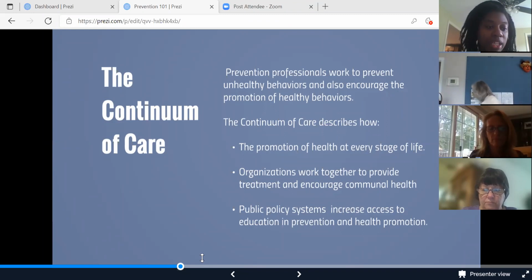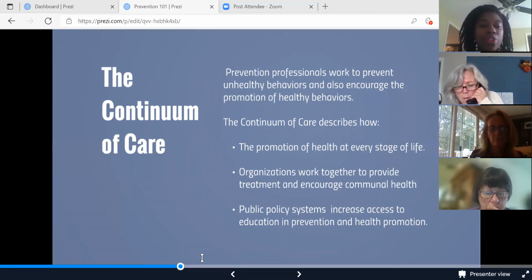And if individuals move into stages where they need treatment for substance use or other mental health issues, other health issues, they have access to those communal health resources.